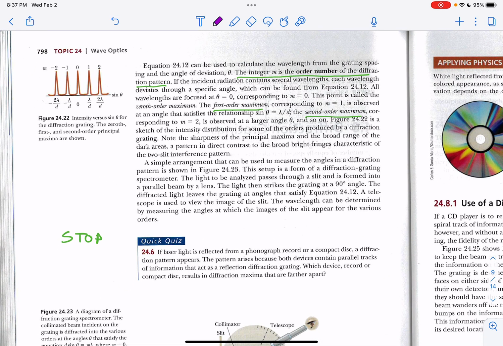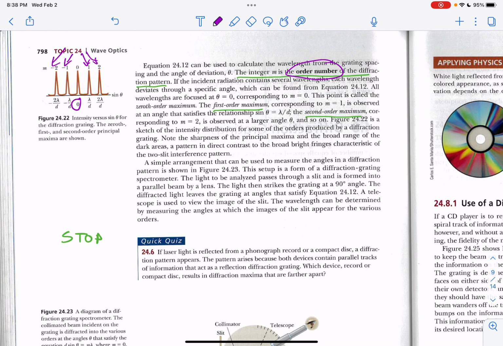And just for reinforcement, the order number, not like in chemistry where we have the first and second and third order equations, not like in calculus where we have first and second order differential equations. Here, the order number simply means whether you're looking at the 0th order, which is directly across from the diffraction grating, or the ones on either side of it, or the second one on either side of it.